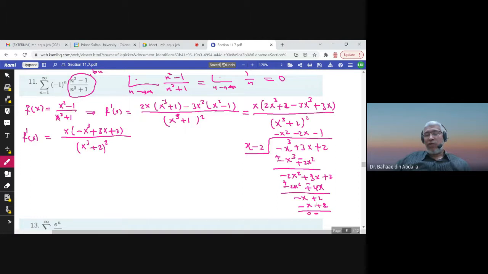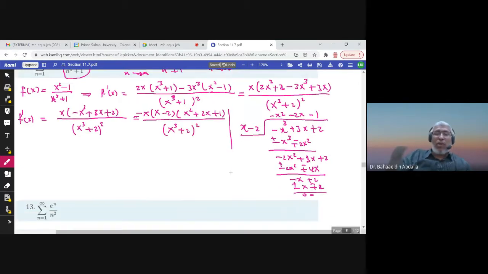Okay, so if I change the signs and add, I'll get 0. So I have x minus 2 times this x squared plus 2x plus 1. If I take negative as a common factor, it would be x squared plus 2x plus 1 over x cubed plus 2 to the power 2. So f prime would be negative x times x minus 2 times x squared plus 2x plus 1, which is just x plus 1 to the power 2. It's the perfect square.